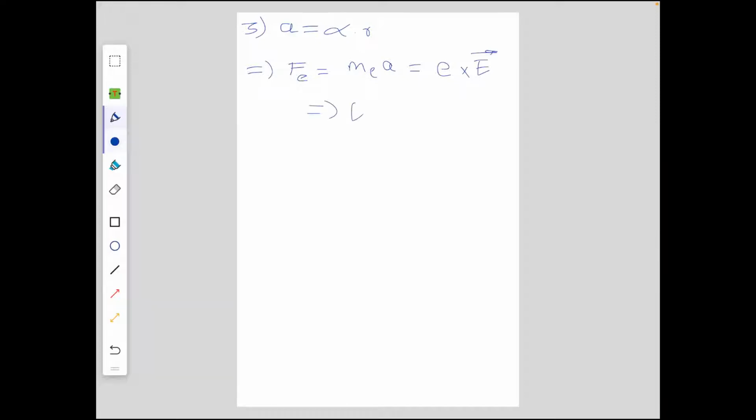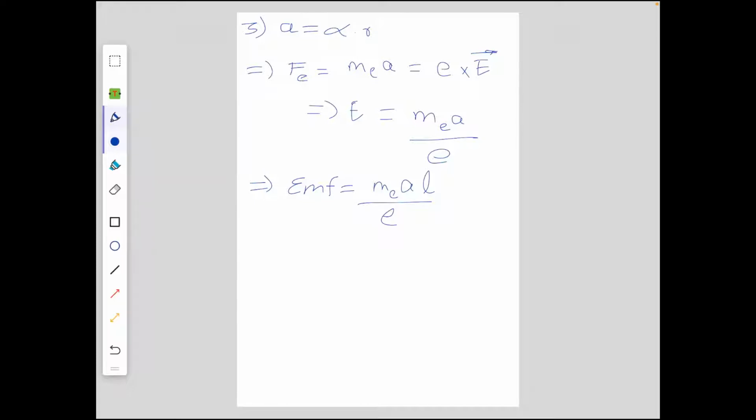So here we get that E equals m_e times a over e. The EMF induced in the wire will be equal to m_e a L over e.